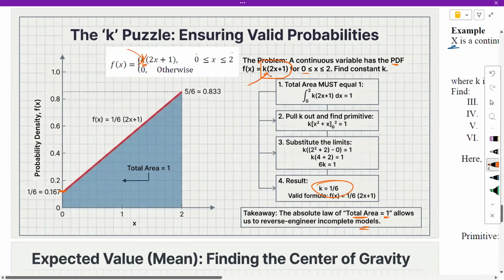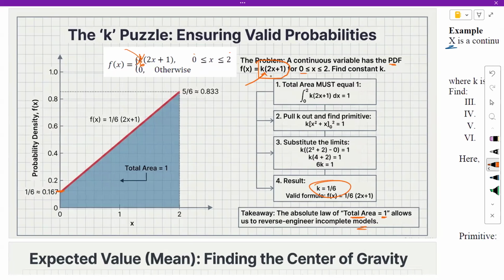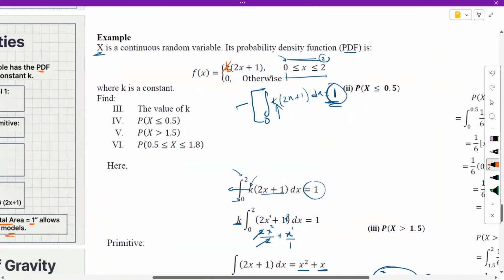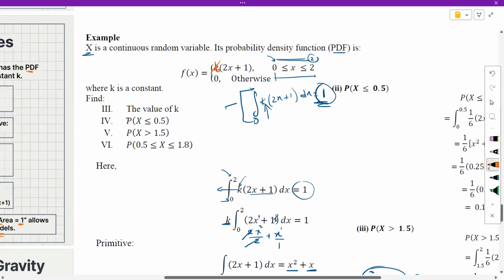We have to assign the value of k, because we know the clue to find the value of k is that the probability equals 1, the area under the curve is 1. Now the questions are 1, 2, 3, 4. Here we have found k equals 1 over 6.